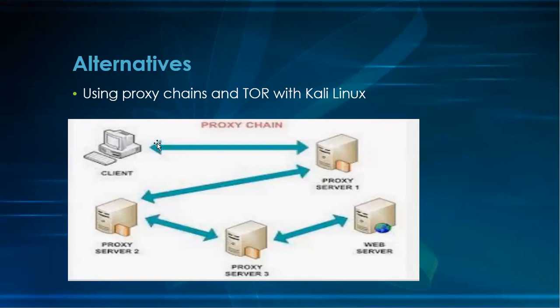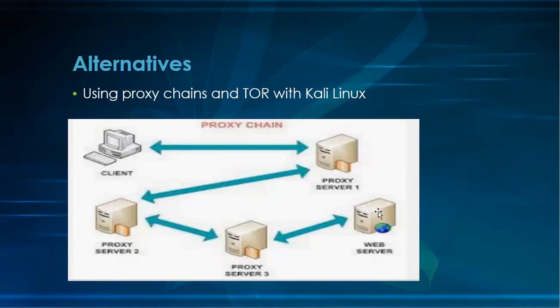If I use a proxy chain, I can configure my computer to send the traffic through certain IP addresses, those proxy servers, and as it goes through them, it will eventually reach McDonald's. Again, it's harder for someone to trace back where the traffic originated from.